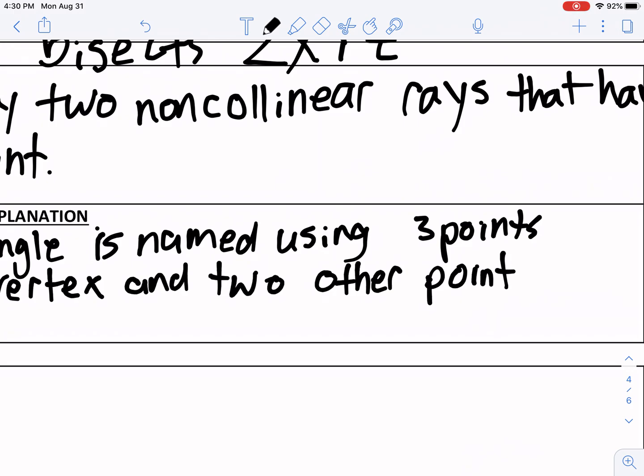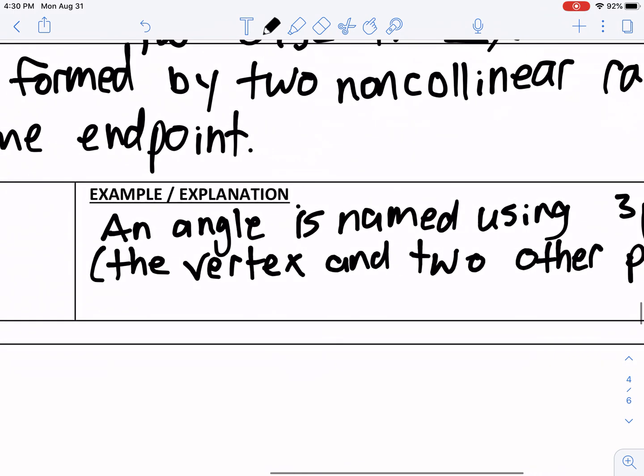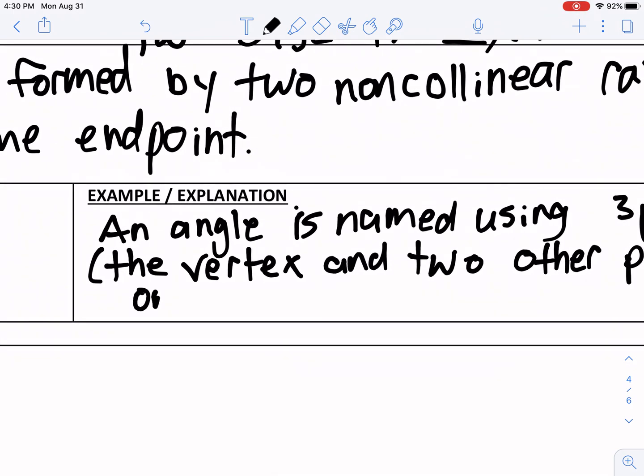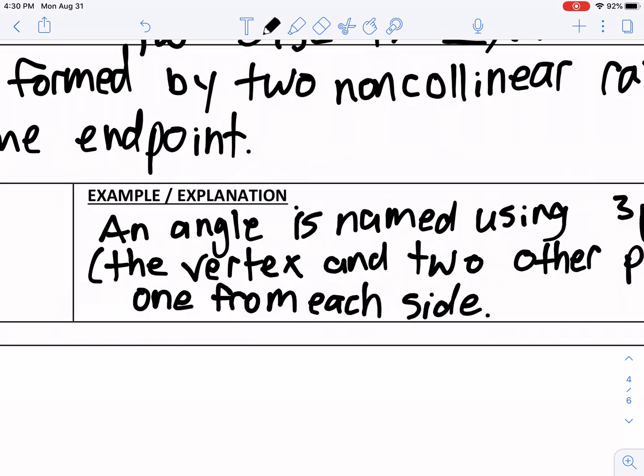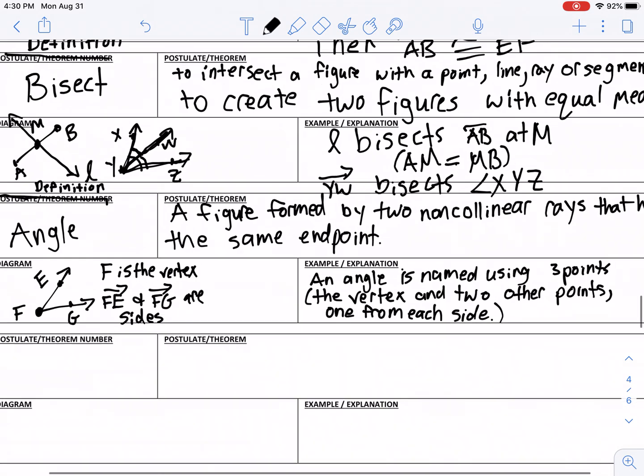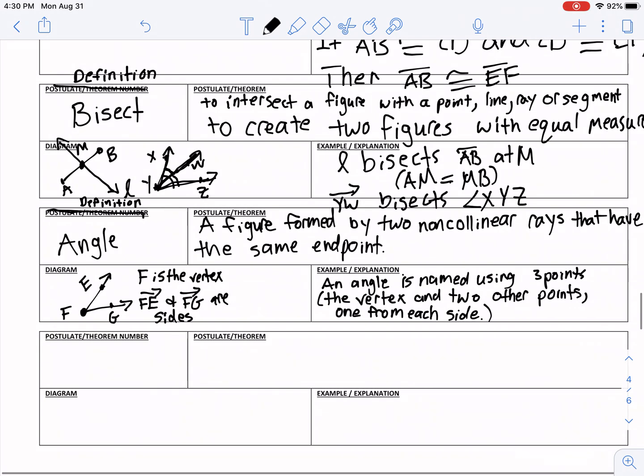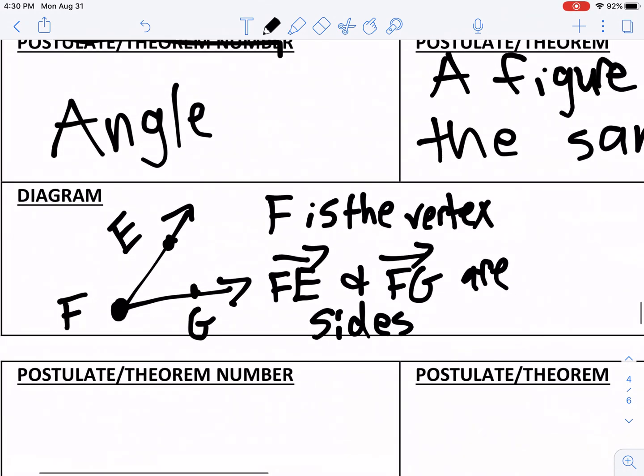Okay, so we need the vertex and two other points, one from each side. Just like in our example here, we have F as the vertex, and then we have E on one side and G on the other side. So this would be enough information to now name this angle.